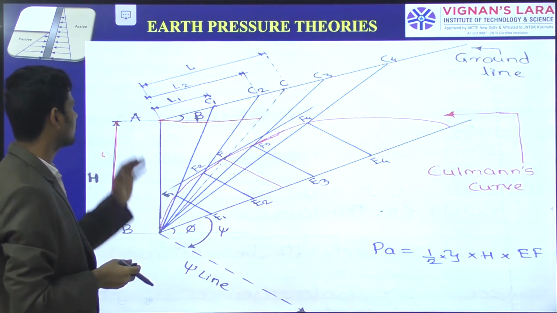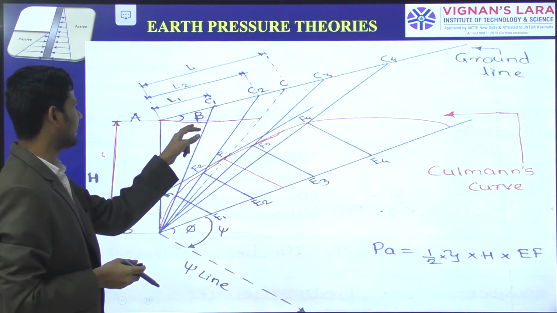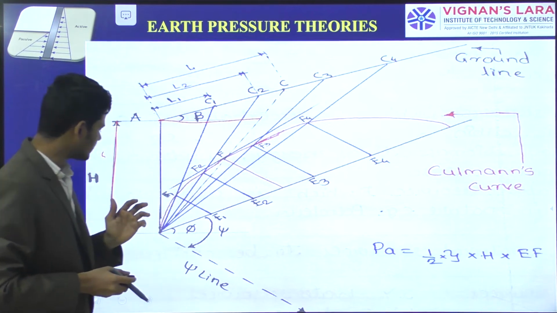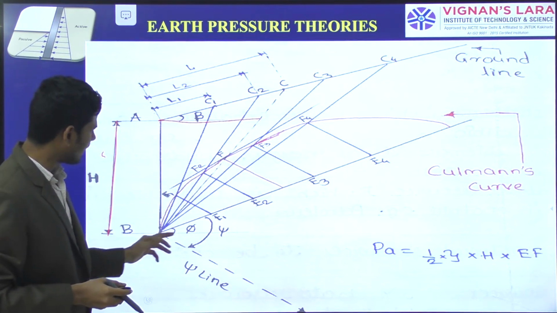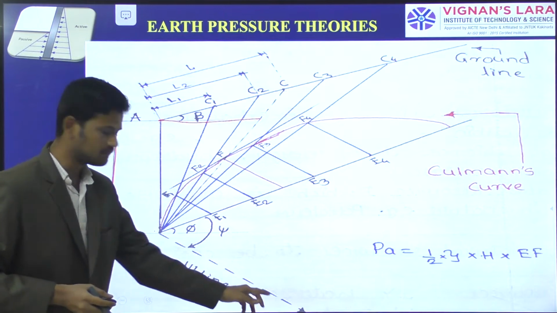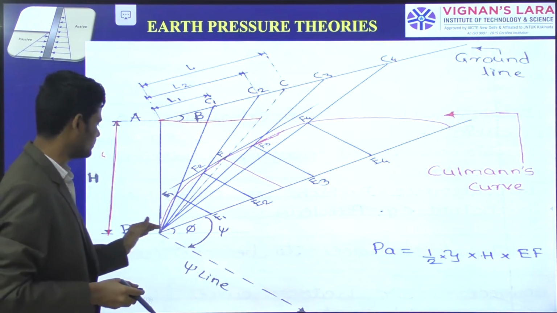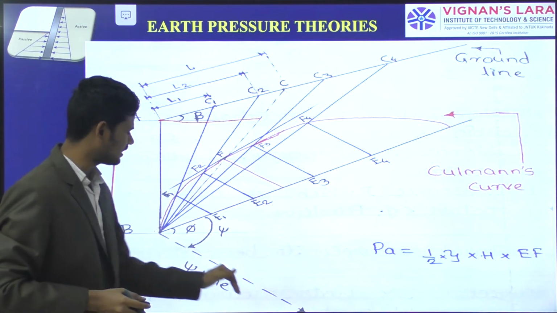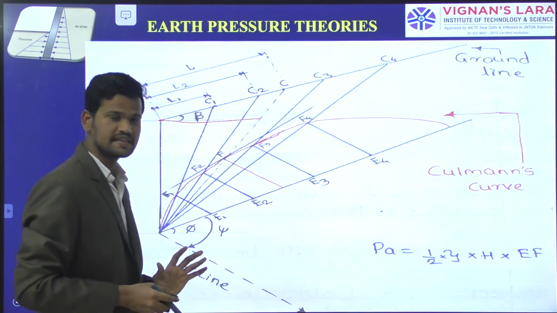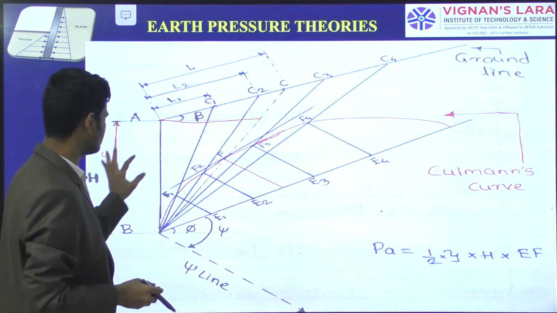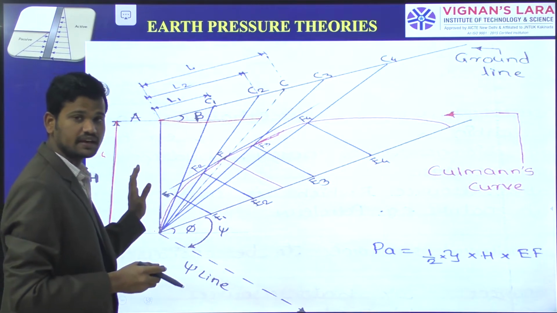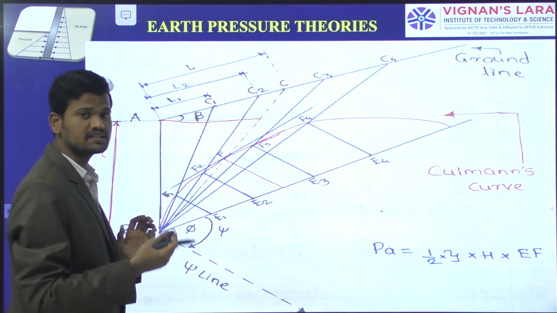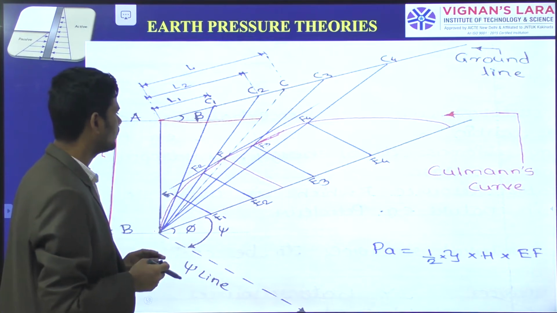From this horizontal ground surface, I draw one line making an angle beta. I am also making one more line, a J line, parallel to this ground surface. For this retaining wall, we will discuss in today's class, step by step, how the active earth pressure acts.